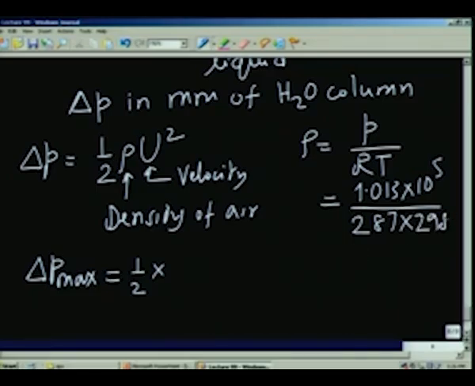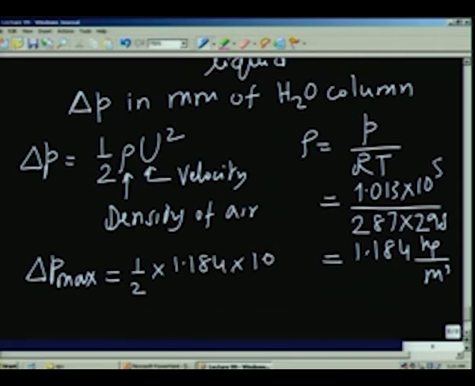This gives you a value of 1.184 kg per cubic meter. So, all I have to do is introduce here 10 meter per second, the maximum velocity, 10 squared. This will be in pascals. This gives you a value of 59.2 pascals.